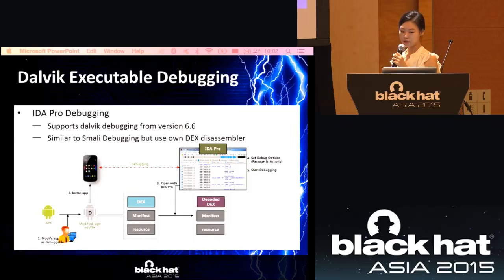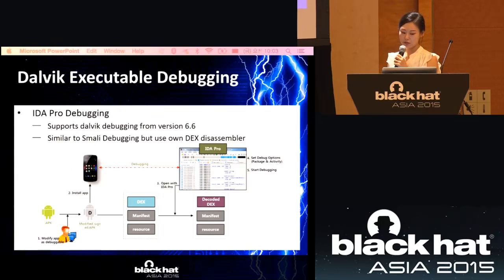IDA Pro supports Dalvik debugging from version 6.6, and basically it is similar to Smali debugging, but uses its own text disassembler. First of all, the analysts take the same measure as for Smali debugging. They need to modify the application into a debuggable mode. To do that, they use APK tool to disassemble, build, and sign the application all over again.